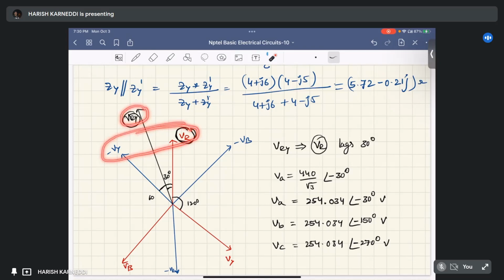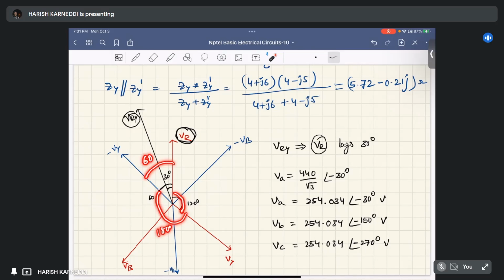That means VR minus VY, we added VR plus minus VY, and it results in VRY. Here the angle between VY and minus VY is 180 degrees, this is 120 degrees, so the remaining angle is 60 degrees.